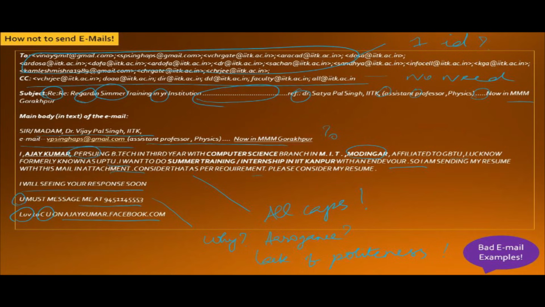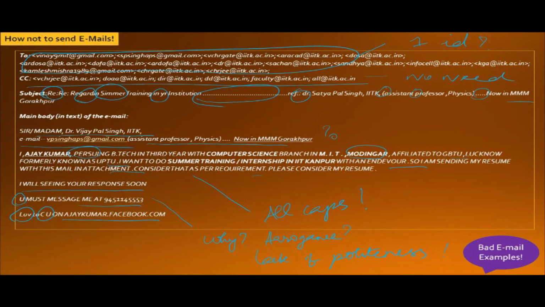And look at the CC that he has sent to DOAA. DOAA is actually Dean of Academic Affairs, to whom he need not send it. Then VCH or JEE is Vice Chairman JEE, to whom he need not send it at all. Then Director at IITK, and then DD is Deputy Director.